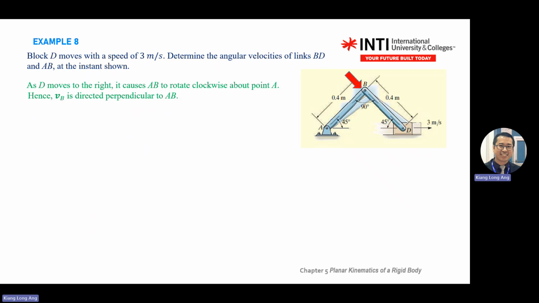How does A move? Does A move? A doesn't move. So no velocity there. So we do A and B, BD. So BD is perpendicular, tangent direction to this one, right?